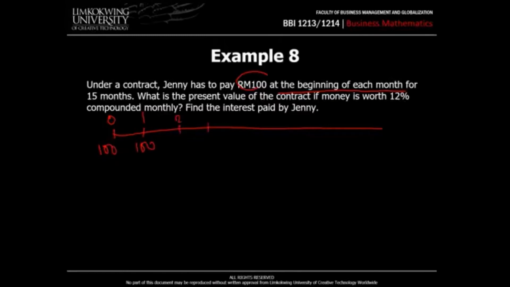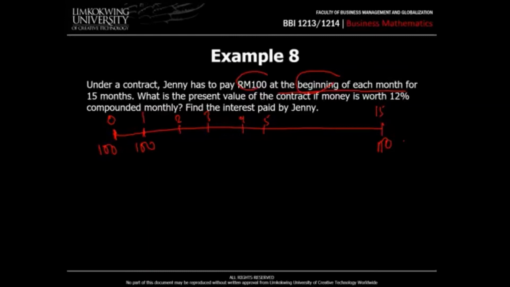So 2, 3, 4, 5 until 15 months. There's no payment done here, because she already paid from the beginning of each month. She's not paying at the end of each month. Previously, all were paying at the end of each month, so this one is measured at the beginning of each month. So it starts from here.